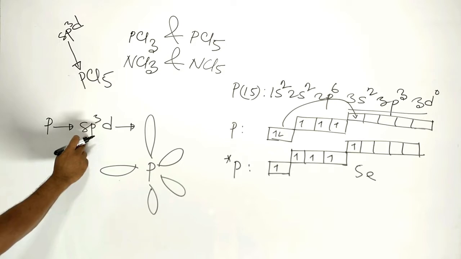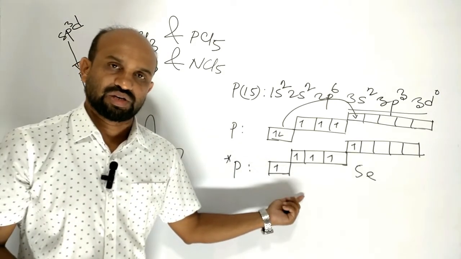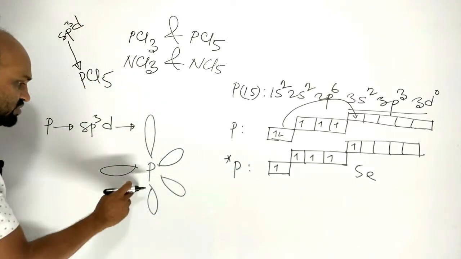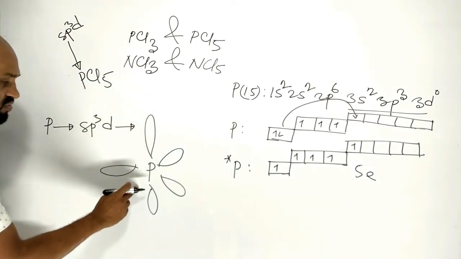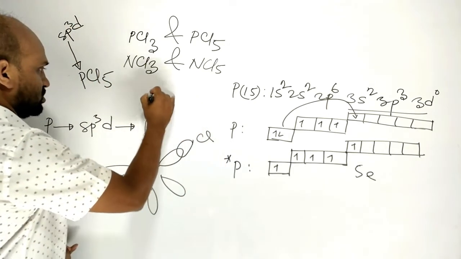Here, total 5 orbitals take part in hybridization, and after hybridization, 5 orbitals are formed. With these 5 orbitals, chlorine forms bond in this way.